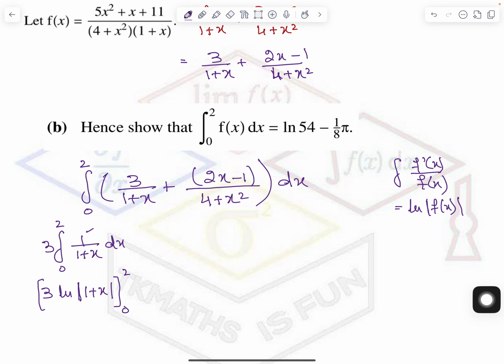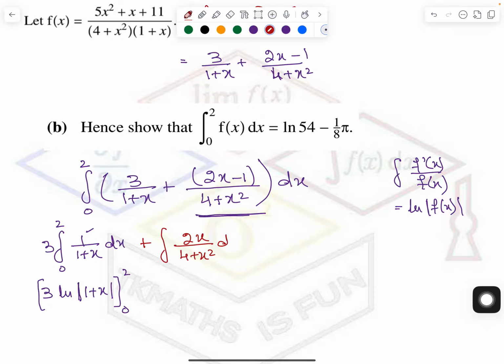And this second part of the integral function, now let's see what happens here. If I split it into two parts, 2x divided by 4 plus x square, and the last one is 1 over 4 plus x square. Now here you need to understand there is no method to recognize.